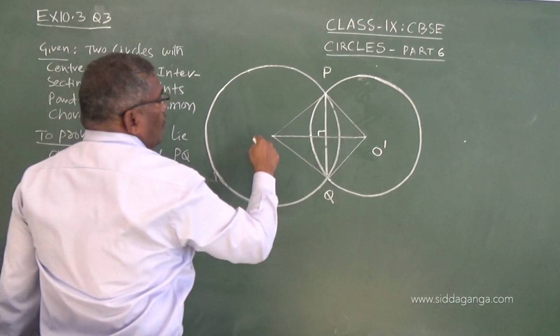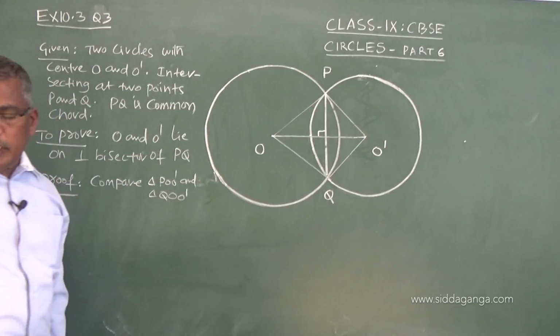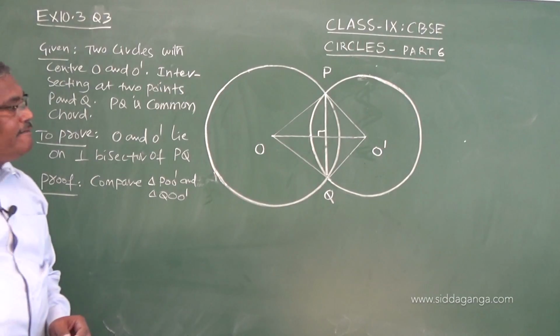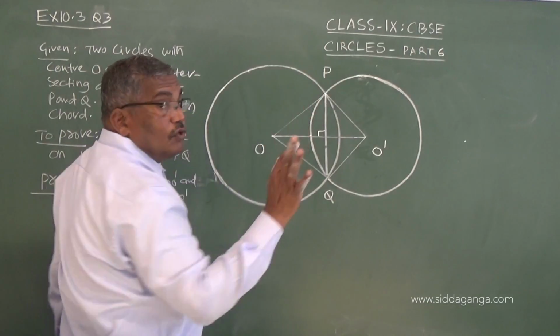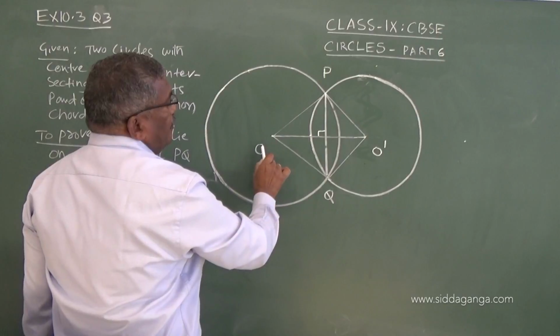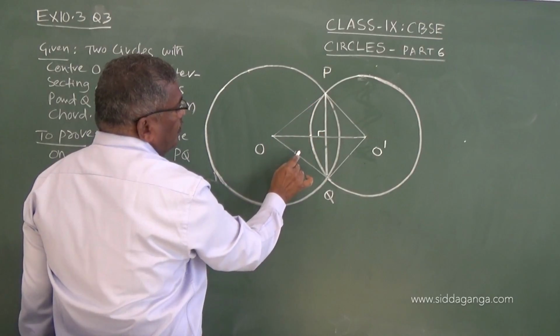Now, in these two circles you observe here OP is equal to OQ.